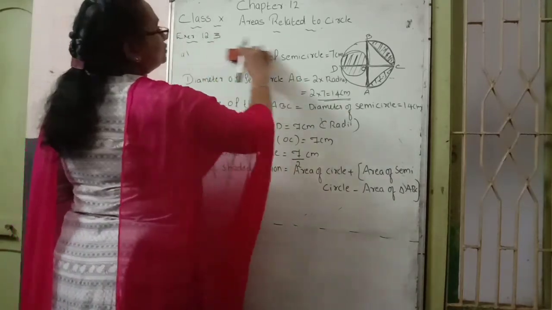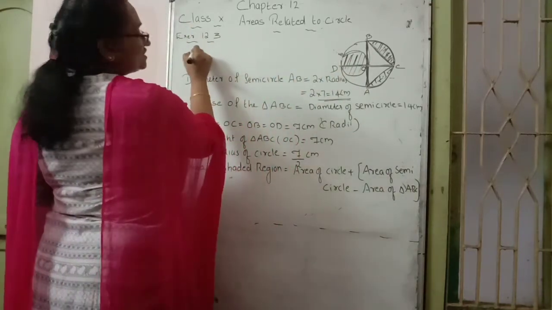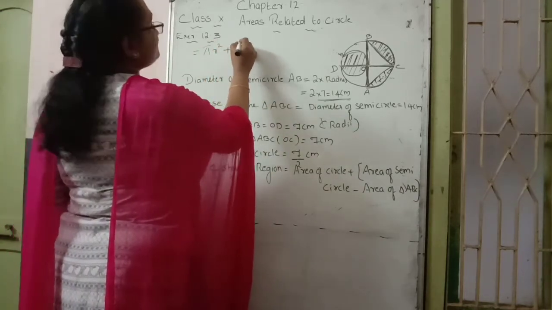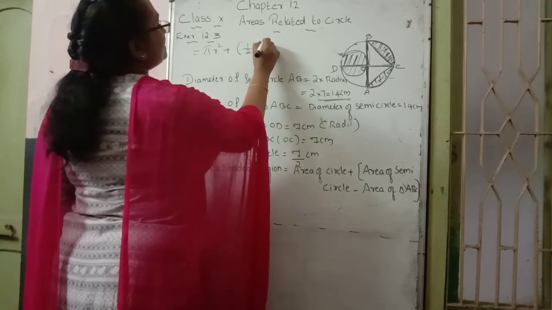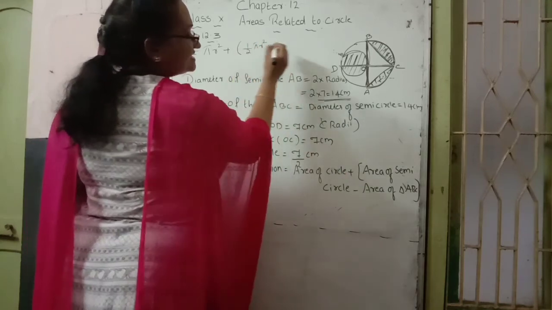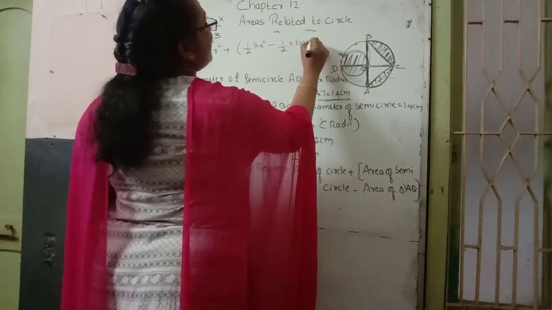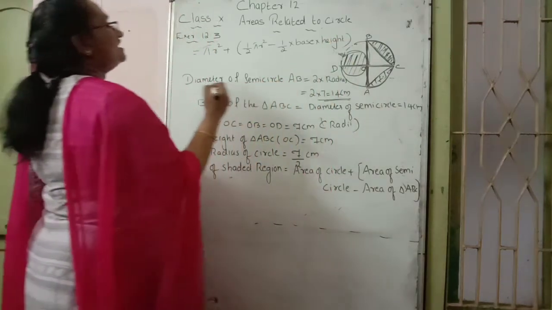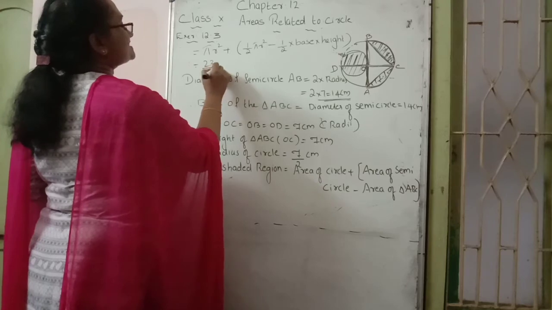So we can go through here. I am writing here: area of shaded region is area of circle, formula pi r square, plus area of semicircle, half pi r square, minus area of triangle, half into base into height is the formula. Pi value represent as 22/7.